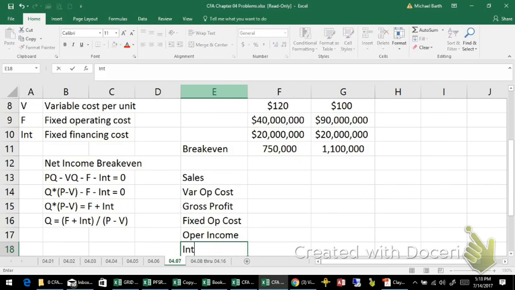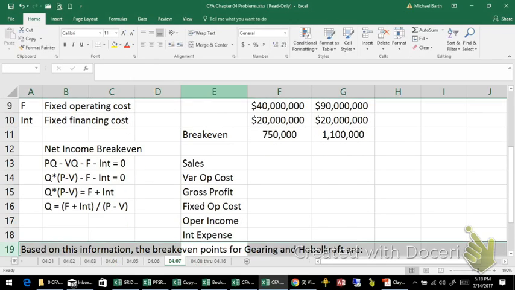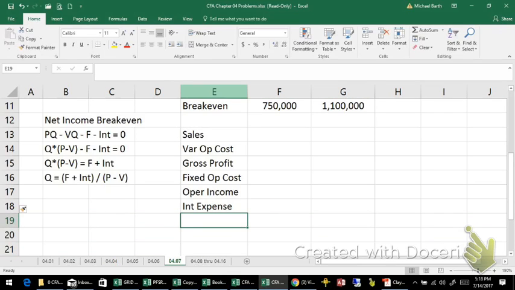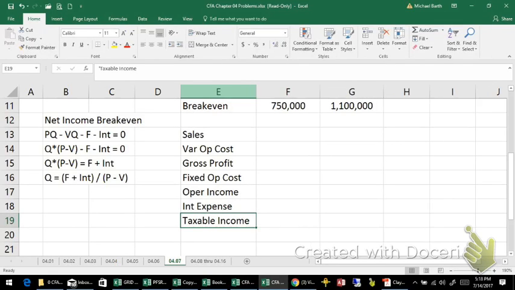Subtract the interest expense, and you would have the taxable income. And the point of the break-even is taxable income is 0, so whatever your tax rate is, let's just say it's 40%, 40% of 0 will still give you a net income that's equal to the taxable income if that's 0.